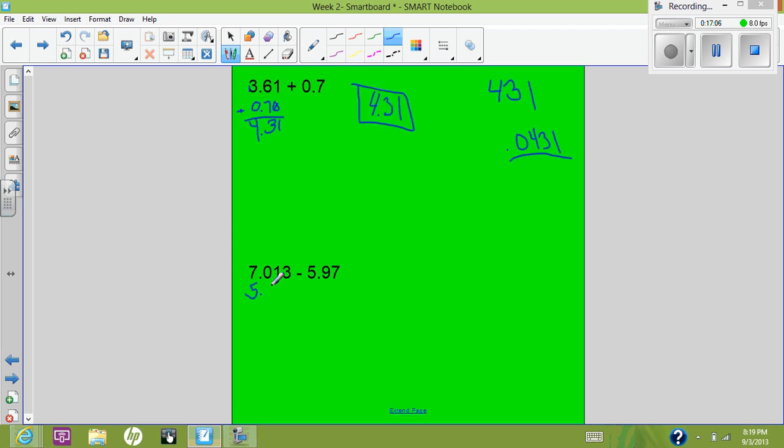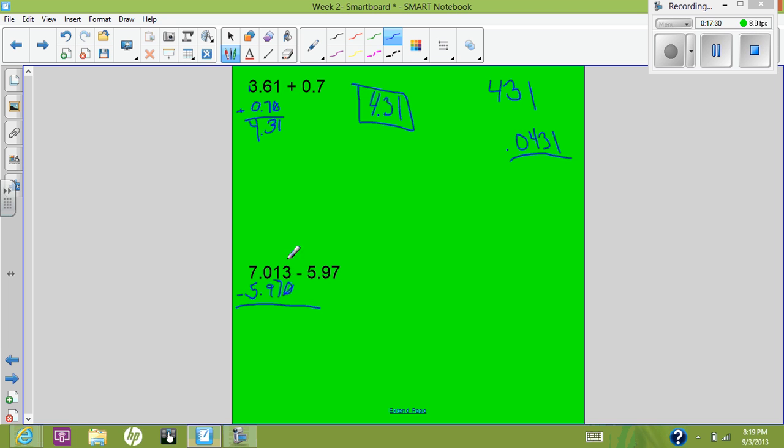My 9 is under my 0. And my 7 is under my 1. Go ahead and put a placeholder 0 in under your 3. Draw the line through it if you wish. And now we have to subtract. Be careful, you have to borrow sometimes when you're doing subtraction.